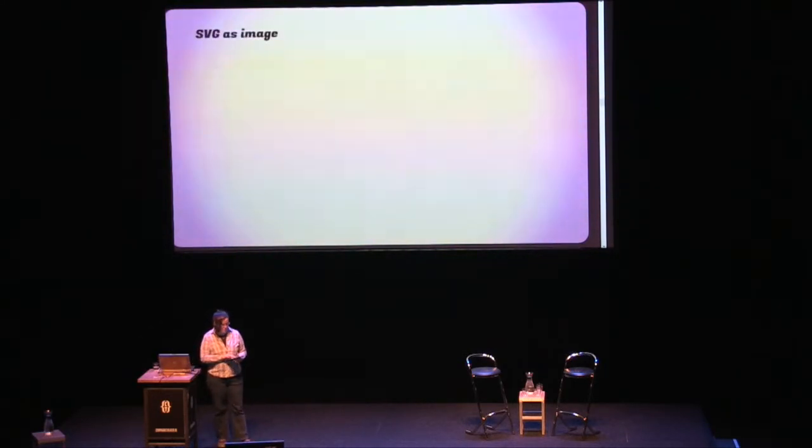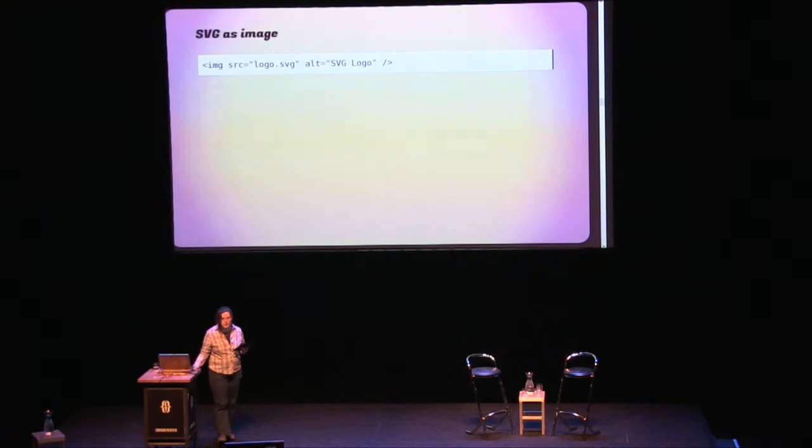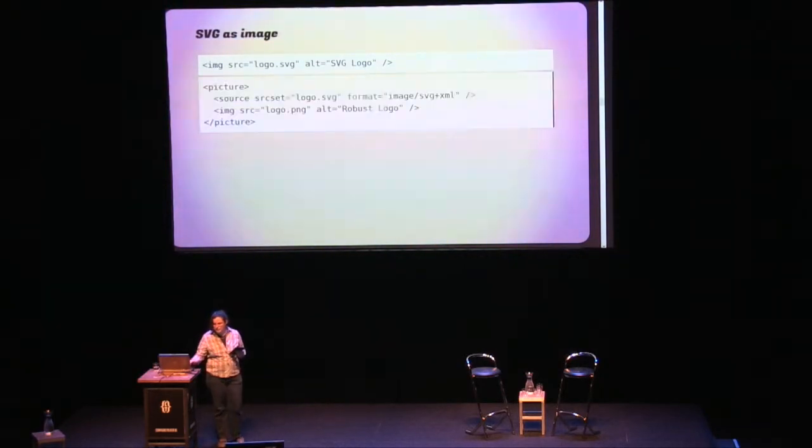First one, probably simplest to understand, SVG as an image. So that could look like an IMG tag in your HTML that just points to an SVG file. It could look like a picture element with a source tag that points to an SVG file and some boring old PNG file as a fallback for people that don't support picture and SVG.